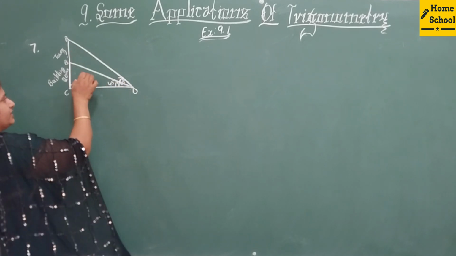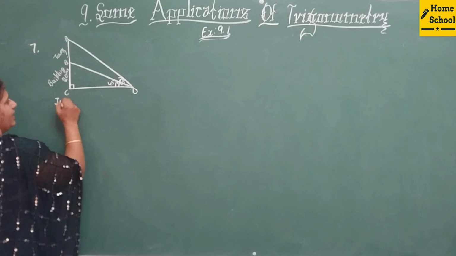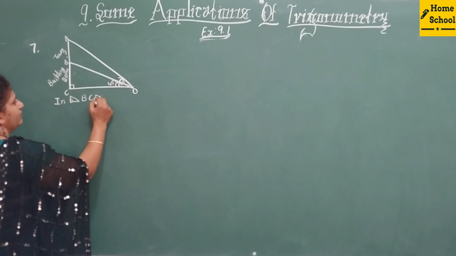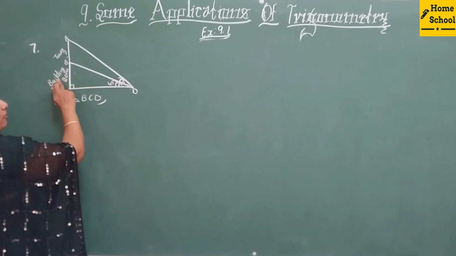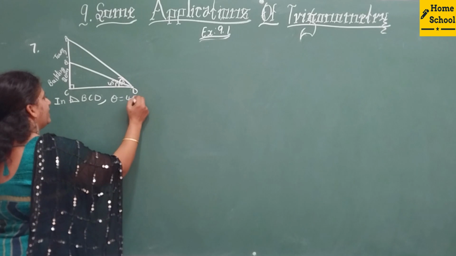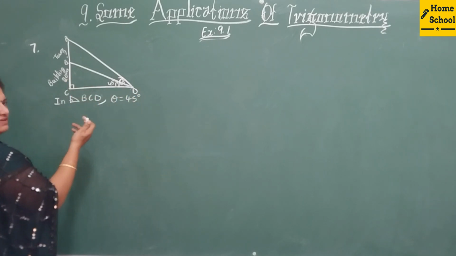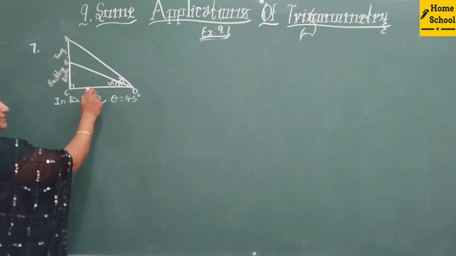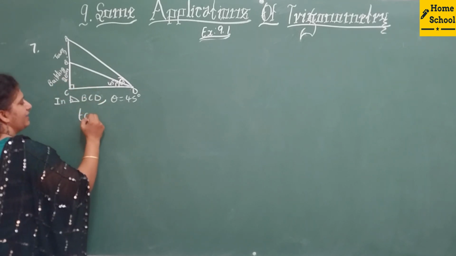First, let us take small right triangle. In right triangle BCD, what do you know? You know opposite and your theta value given. Theta is equal to 45 degree and opposite side BC is equal to 20 meter. Let us find adjacent. Opposite adjacent which ratio? Tan.